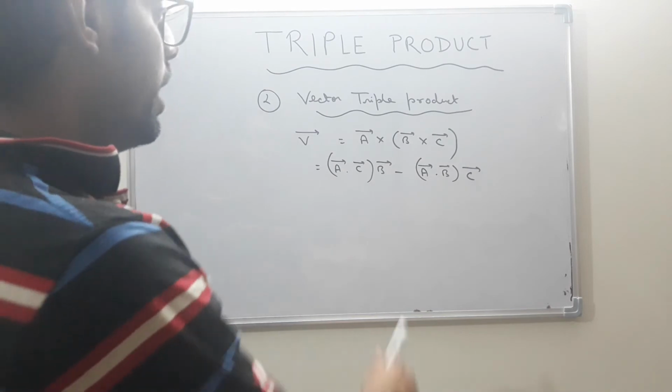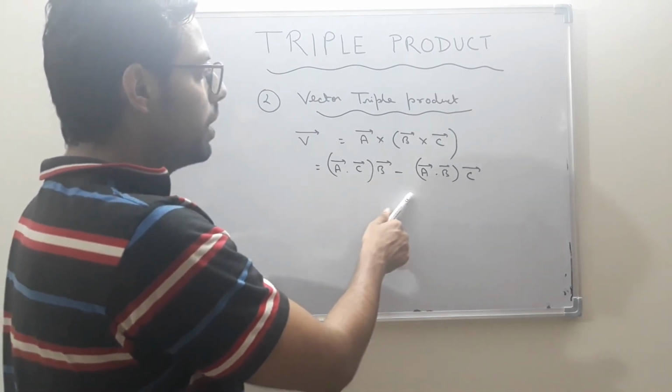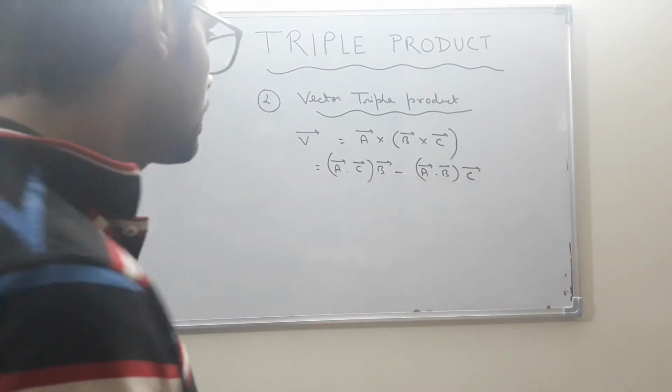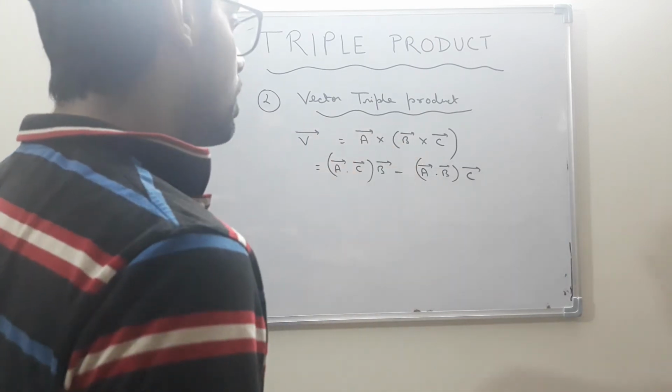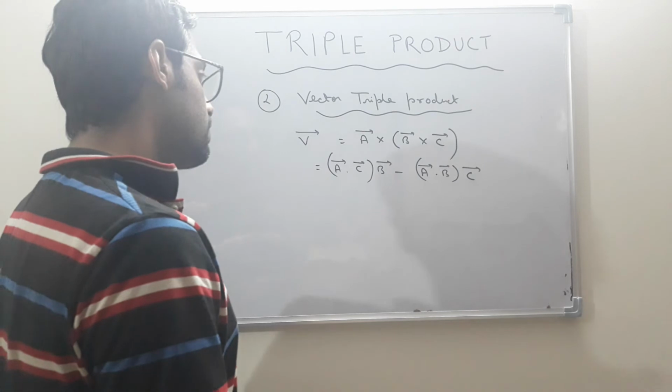So A cross B cross C equals A dot C into B minus A dot B into C vector. It is the form of the vector triple product of three vectors A, B and C.